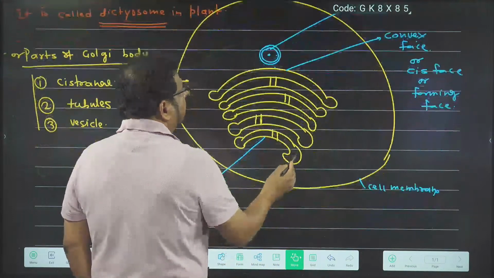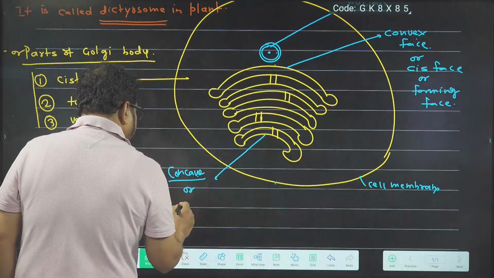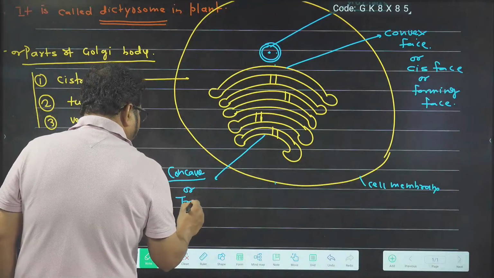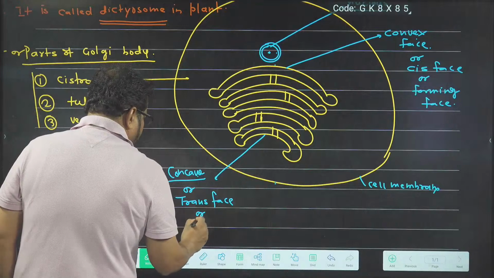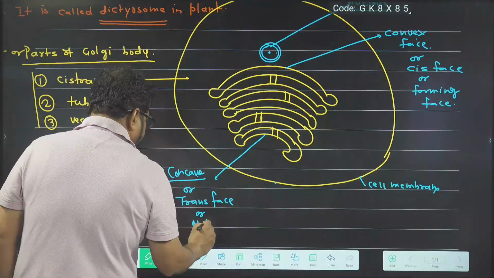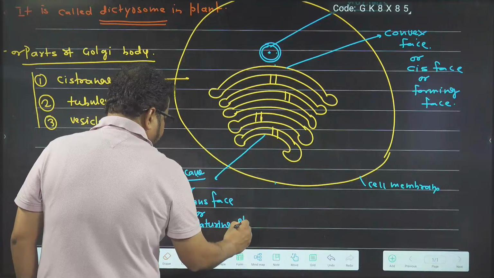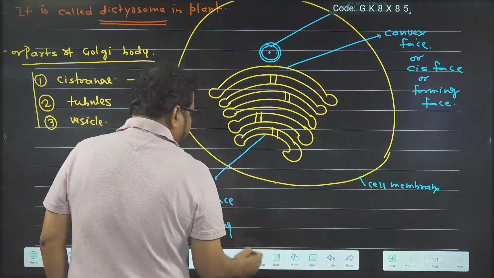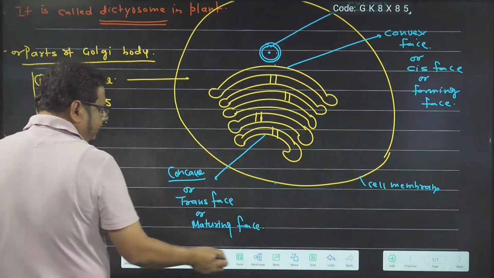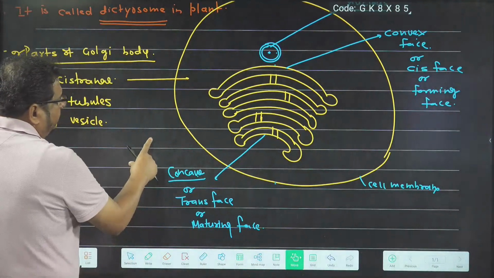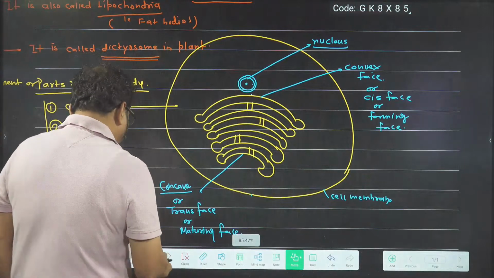The concave face is also called trans face, or also called maturing face. Got the idea? So the concave face has other names, trans face or maturing face.